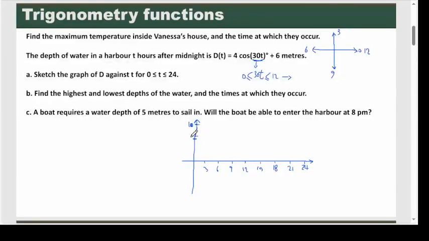At 6, cosine of 180 degrees is -1. -1 times 4 would be -4, plus 6 is 2. So the minimum is 2 and the maximum is 10.